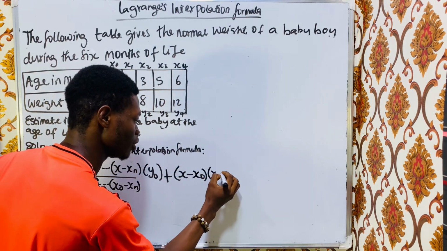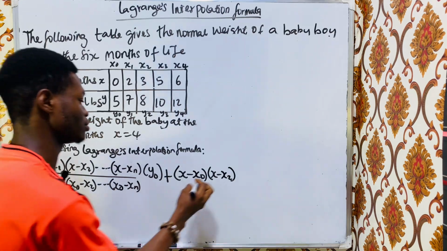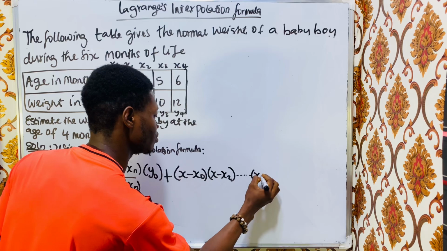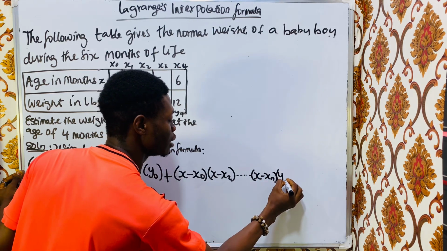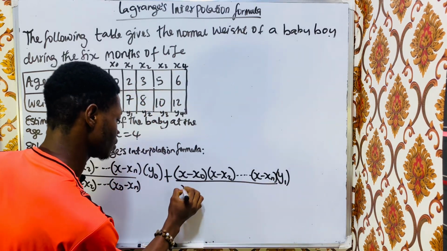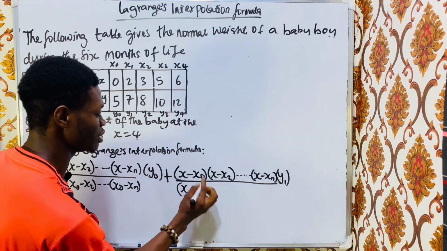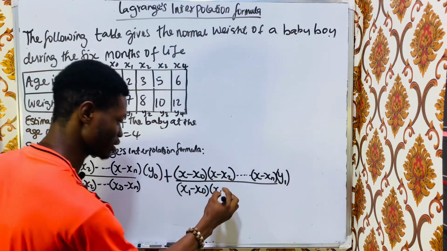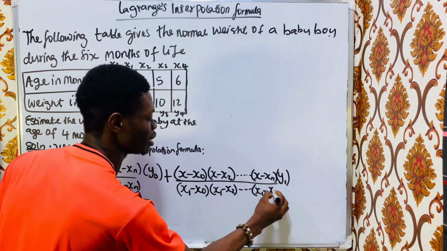So it will now be x minus x2, dot dot dot x minus xn, then y1, all over x1 minus x naught, then x1 minus x2, dot dot dot x1 minus xn.